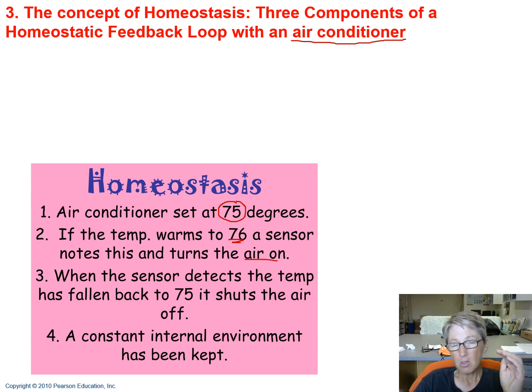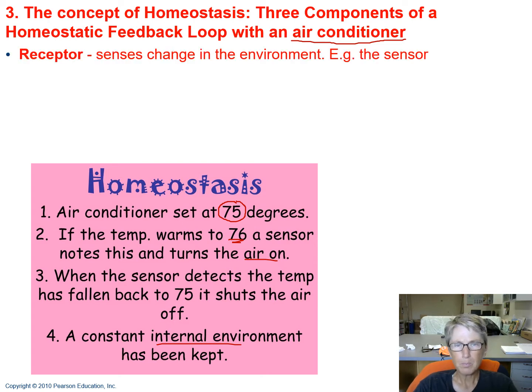And then your house cools down, let's say to 75 degrees. The sensor detects that it's not 76 degrees, it's 75 degrees. That's cold. So it shuts the air conditioner off. And this way you keep this sort of constant internal environment with this system.